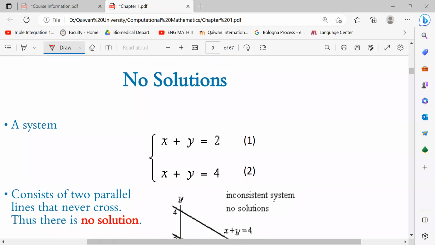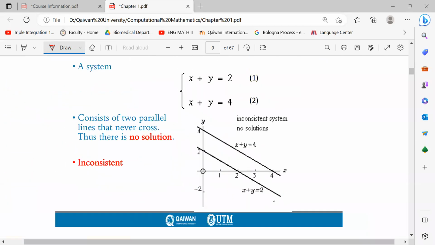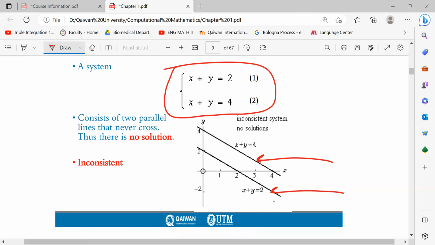If the lines are parallel and don't intersect each other, it means there is no common point for those two lines. So the lines are parallel and have no solution. The system has no solution in this case if the lines are parallel. As you see, these two lines don't intersect each other.